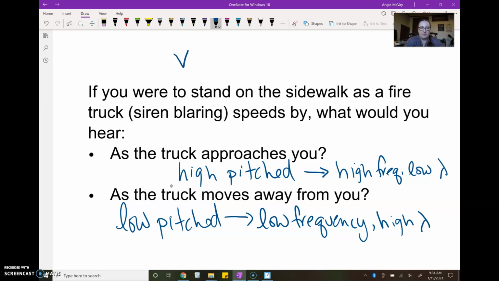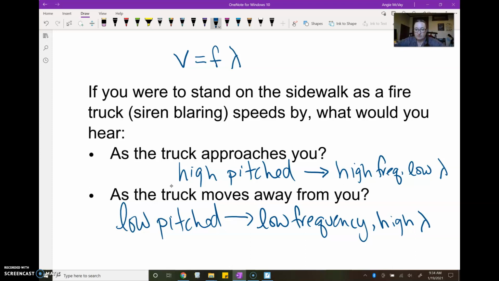Okay, just as a reminder, the sound that we're hearing is traveling through the air. The speed of any wave is determined by the medium that it's traveling through. So the speed of sound isn't going to change because the sound is always moving through air. Right? But if the frequency changes, if the frequency goes up, the wavelength must go down to maintain that constant wave speed.